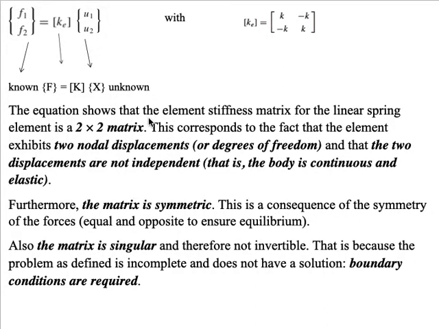The equation shows that the element stiffness matrix for the linear spring element is a 2 by 2 matrix. This corresponds to the fact that the element exhibits two nodal displacements or degrees of freedom, and that the two displacements are not independent, since the body is continuous and elastic.